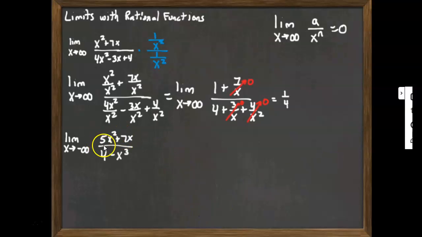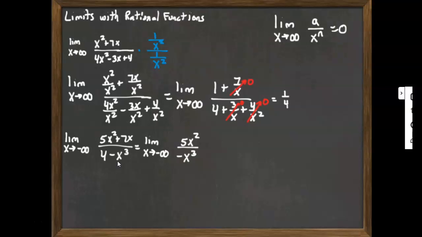I know that for the polynomial in the top, the dominant term will be its largest power. So when I'm dealing with a limit going to either positive or negative infinity, all that really matters is that dominant power. So on the top, I'm just going to look at the 5x squared. And on the bottom, all I'm going to look at is the dominant power, which is minus x cubed.